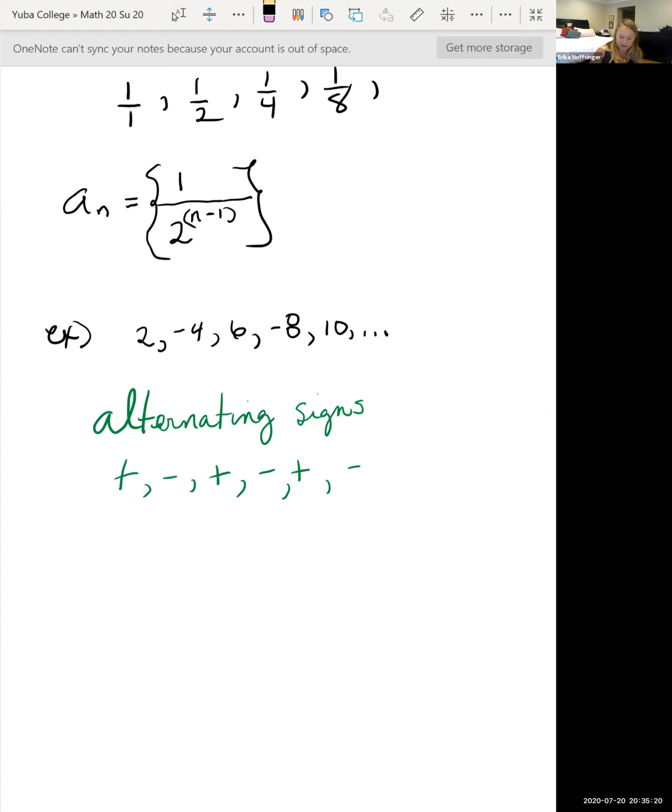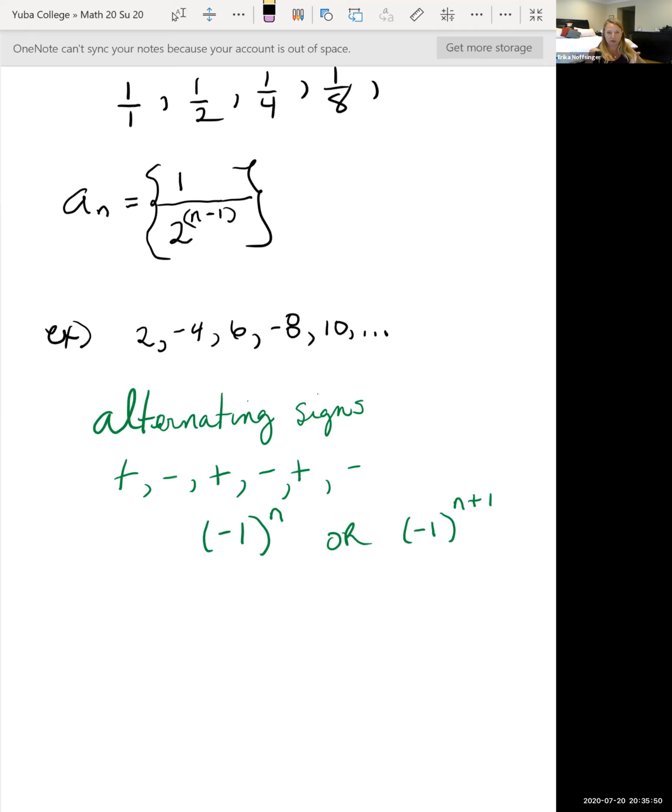The trick is you're going to take -1 and raise it to either the nth power, or you can write it as n minus 1 or n plus 1, depending on whether you want to start with a negative number or a positive number. If I start with n equals 1, which gives me my first term, -1 to the first power is negative.